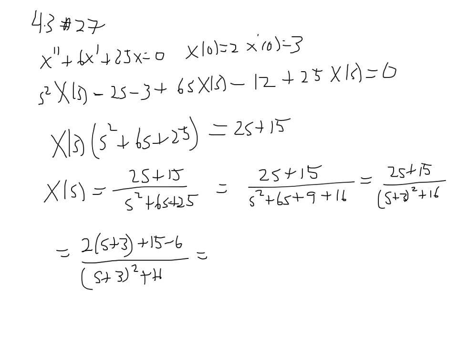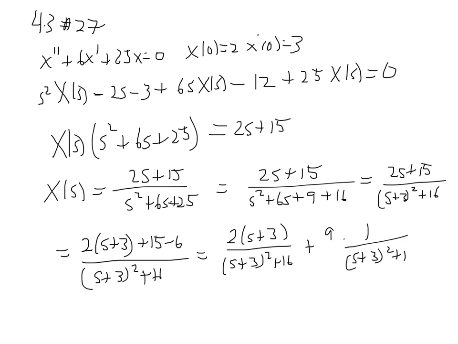Splitting it up, that's 2 times s plus 3 over s plus 3 squared plus 16 plus 9 times 1 over s plus 3 squared plus 16.